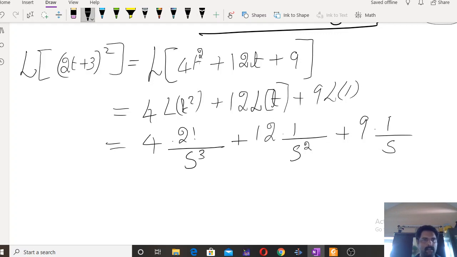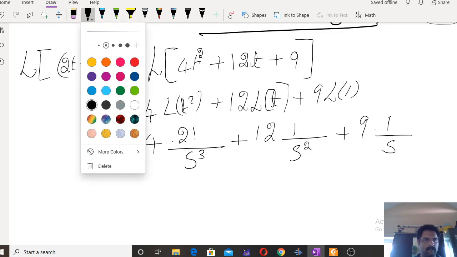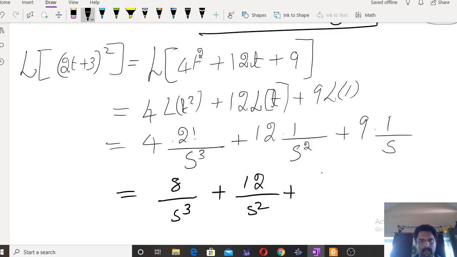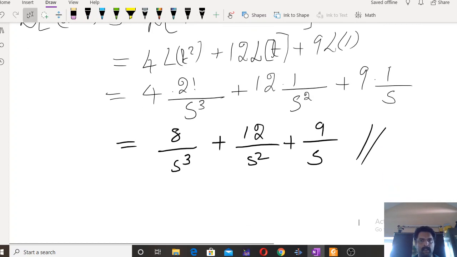Rewriting in a better form, 2 factorial is 2, so it is 8 by s cube plus 12 by s square plus 9 by s. So that's the Laplace transform of (2t plus 3) the whole square.